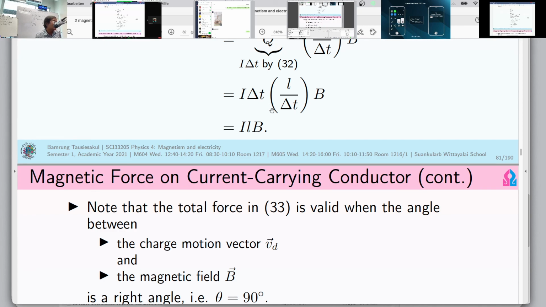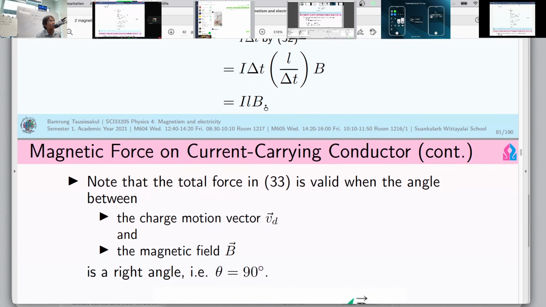Delta T will cancel each other in this equality. So finally, you get only ILB. That's the final expression, the magnitude of the induced force when the current moves through the long straight copper wire.